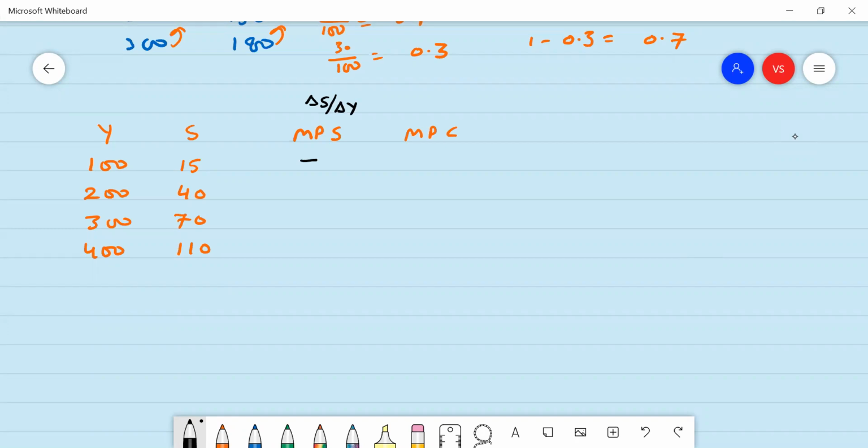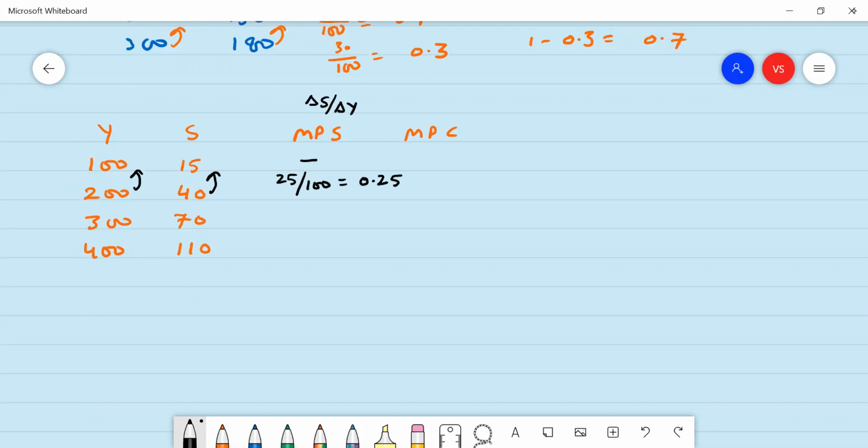So the first delta S, now delta is the difference of these two. 40 to 15, the difference is 25. Divided by the difference of this one, which is 100. So the calculation is 25 upon 100, that means 0.25.